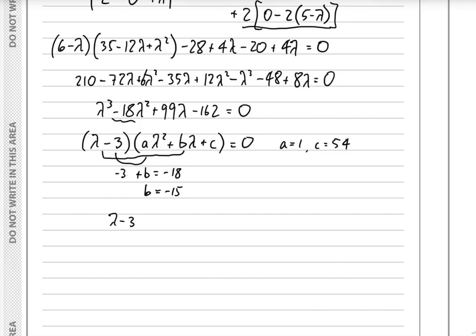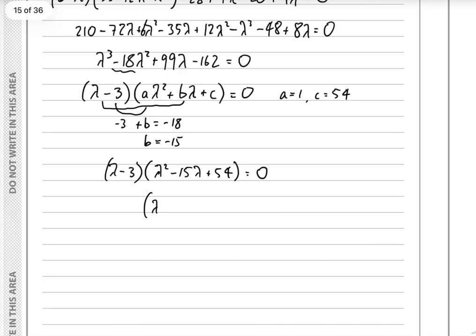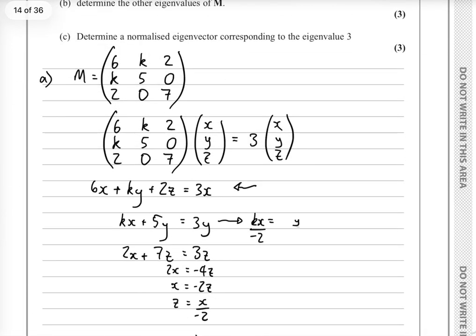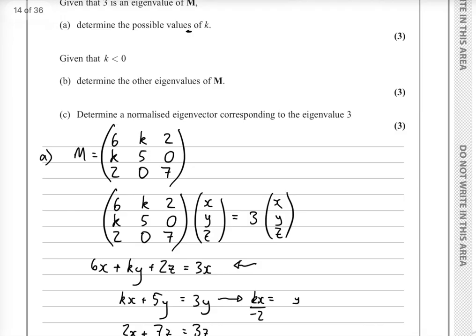So lambda minus 3, lambda squared minus 15 lambda plus 54 gives us a 9 and a 6. And of course, minus 3. So lambda equals 3, 9, 6, 9 and 6, the two new ones. That's part B. Part C, determine a normalized eigenvector corresponding to the eigenvalue 3.